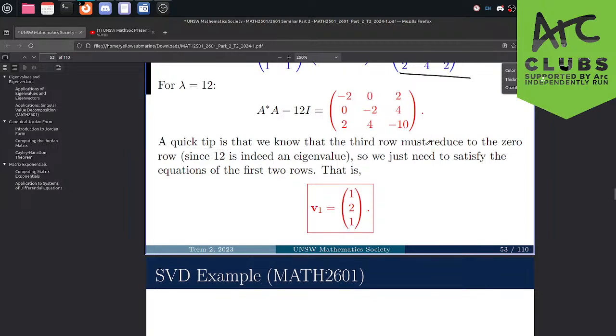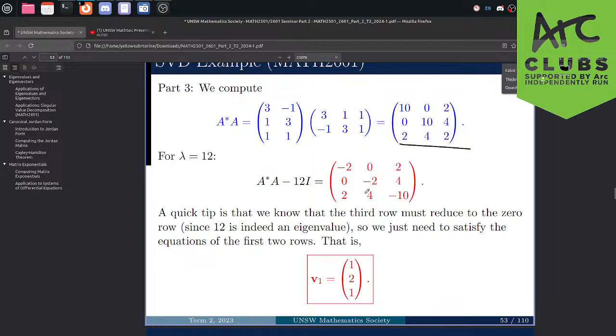We know the third row, when we're trying to find the eigenvector by taking A star A minus 12I and then finding its kernel, must reduce to 0. You can verify this by checking for a linear combination. If you multiply this by 1, this by -1, and this by -2 and then add them together, you'll get the third row, so you can express it as a linear combination. So this will row reduce to a bunch of zeros.